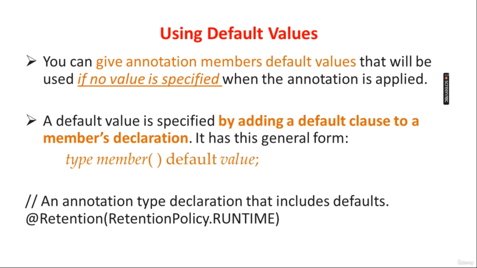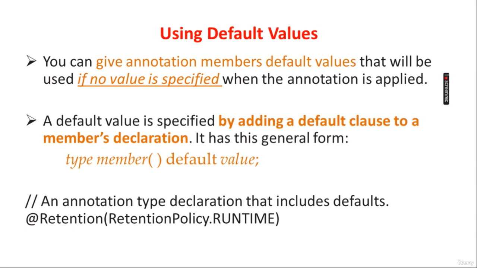Now we will see annotations with default values. You can give annotation members default values that will be used if no value is specified. So you can give a default, that is your own value. For example, in general programs rather than annotations, if values are not given, default values are used, like 0 if int i; is given.